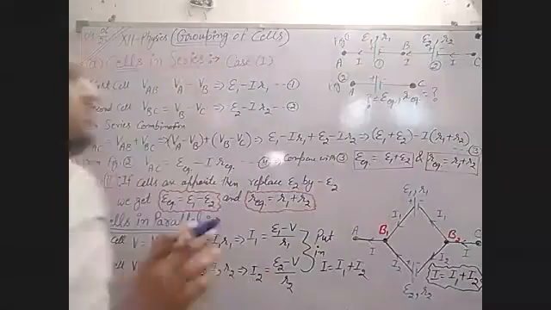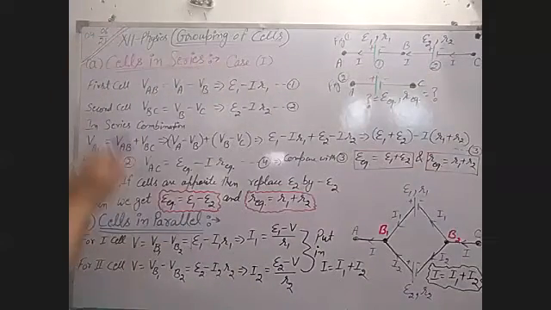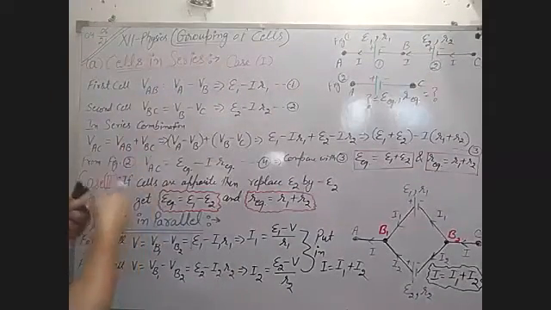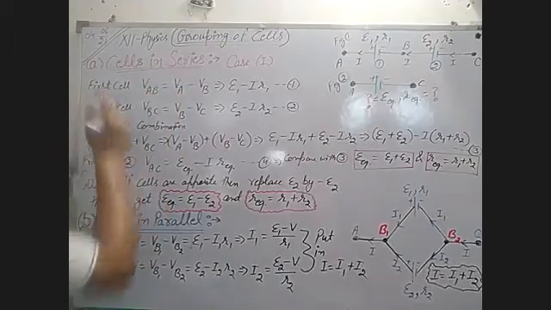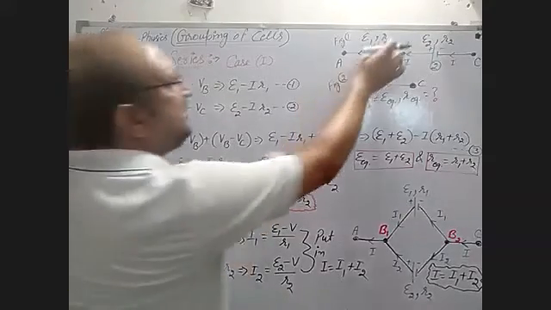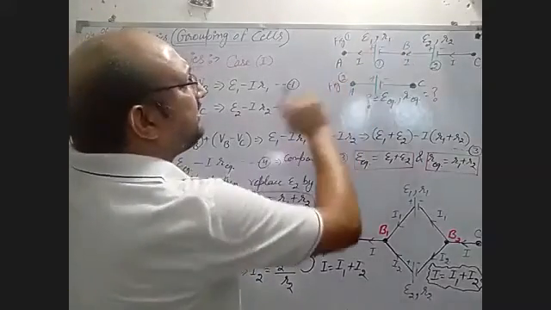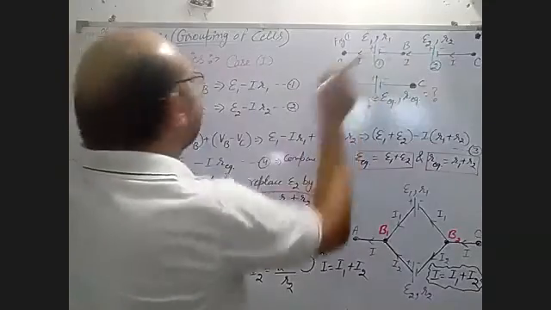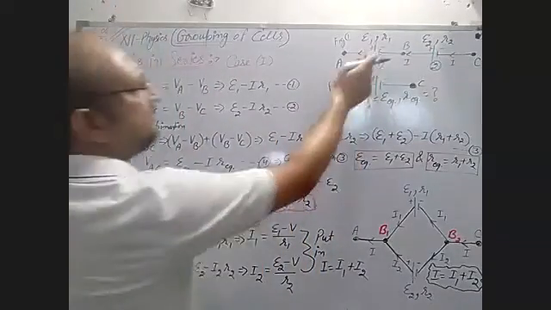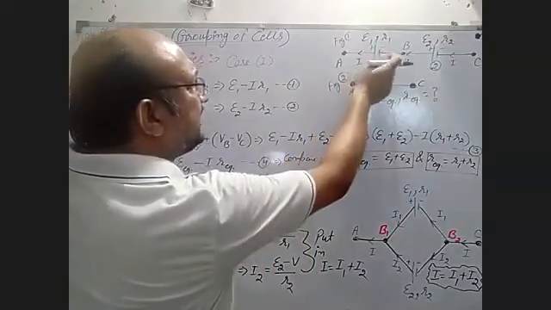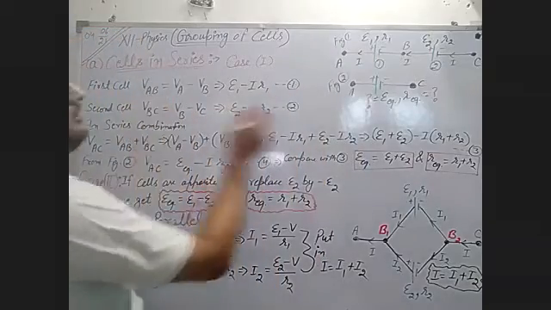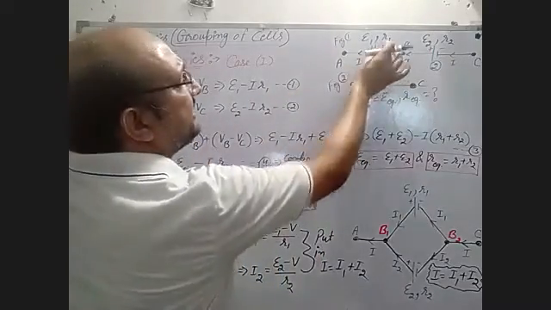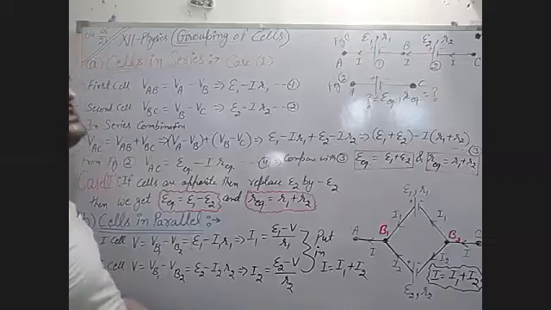So now we are starting our topic. Let us take the first cell. In the first cell, E1, R1, EMF, internal resistance, and all the things are mentioned here. Current I is also drawn from this cell. Now AB is the part where cell 1 is connected.